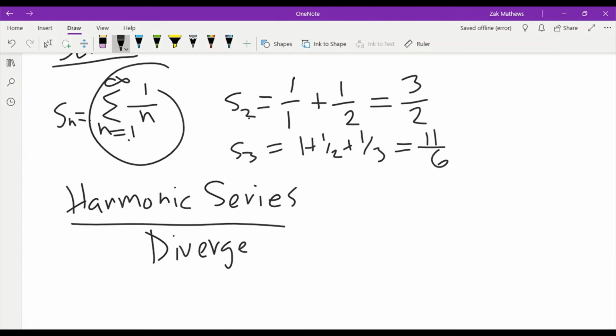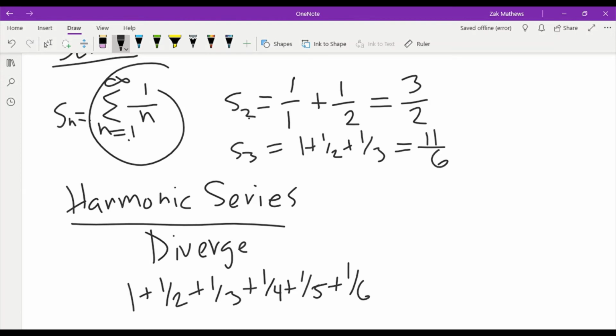And so I've listed out several of the first terms, but let me just continue to list out more terms. If I look at the harmonic series, we start with that 1. We then get a plus 1/2, plus 1/3, plus 1/4, plus 1/5. And it's just going to keep going more and more and more.